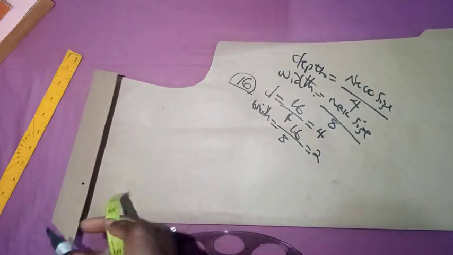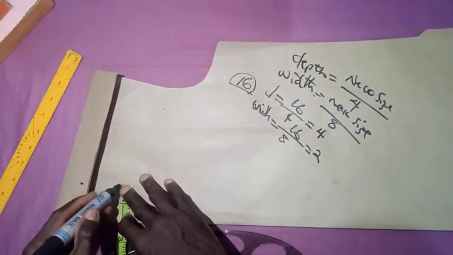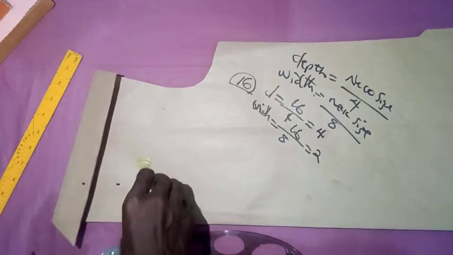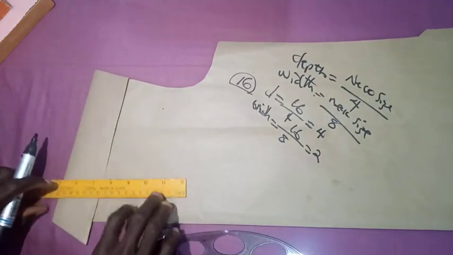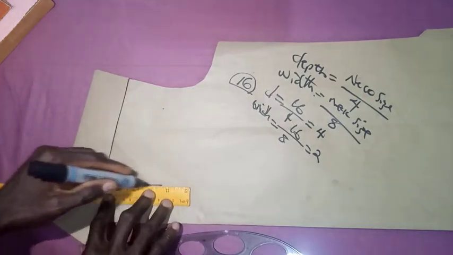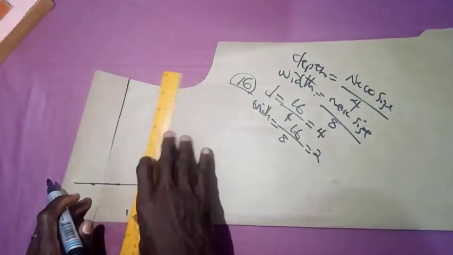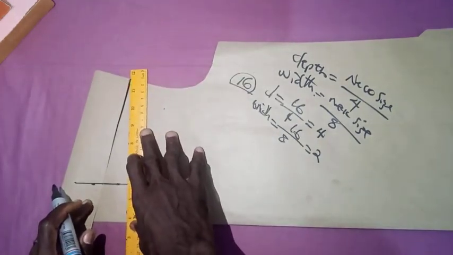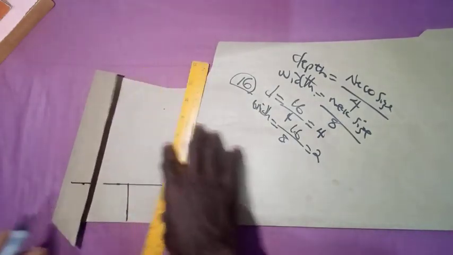So let's mark this 2 in 2 places so that we can get a straight line. So I'm going to give us a straight line here, from here to here, and here to here, also a straight line.